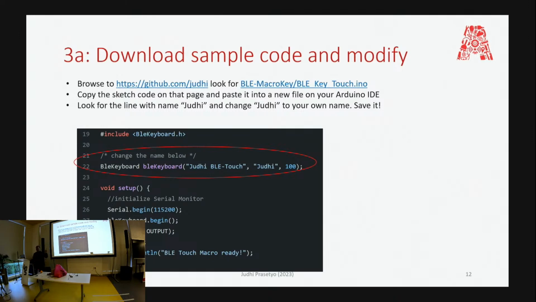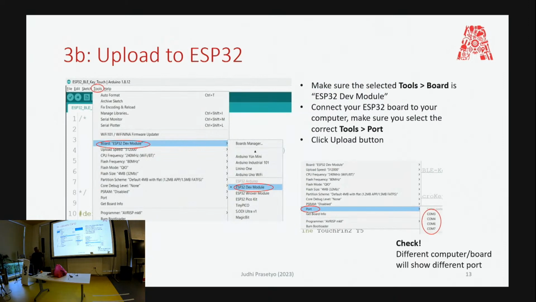Okay, before you upload it, make sure that if you go to Tools, you change the board. By default, you should have Arduino Uno if you never did ESP32 before. Go to this, select the board, and you scroll down. You should see this ESP32 dev module.